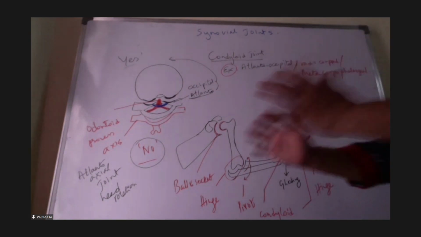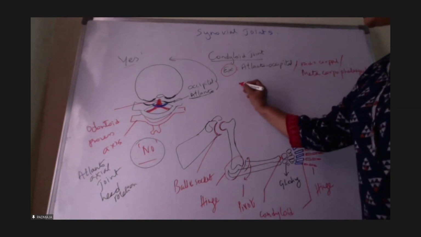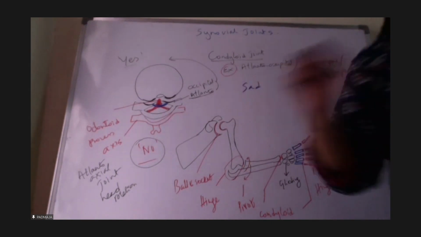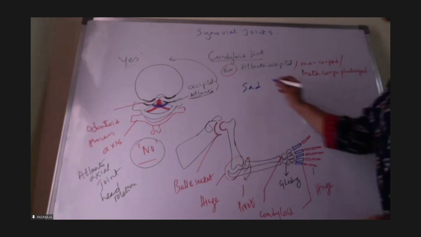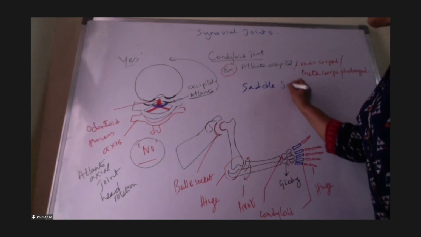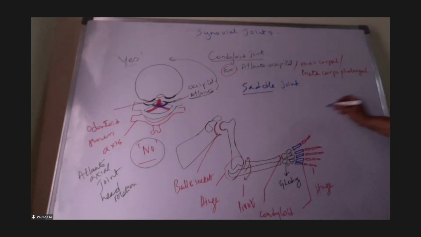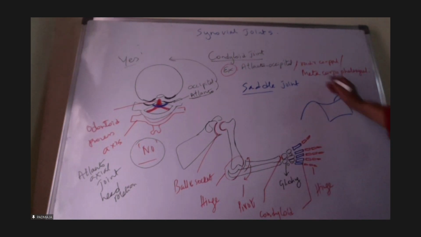Now the very, very, very important one, next one, saddle joint. I think you know what is saddle. It's an equipment we put on the back of the horse, isn't it? So that the horse rider can sit on it.